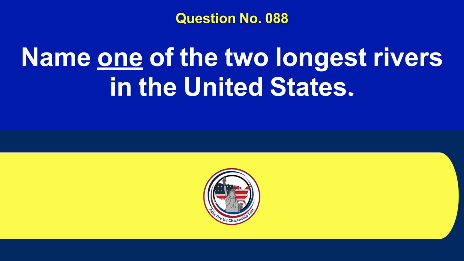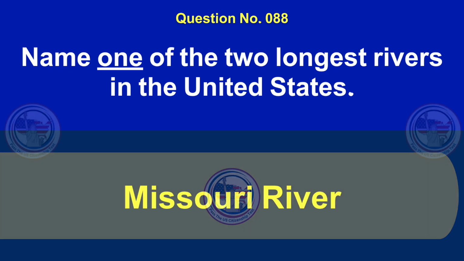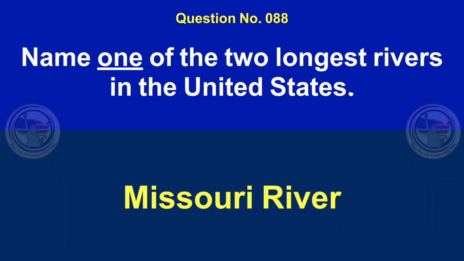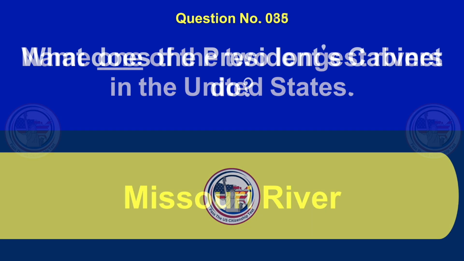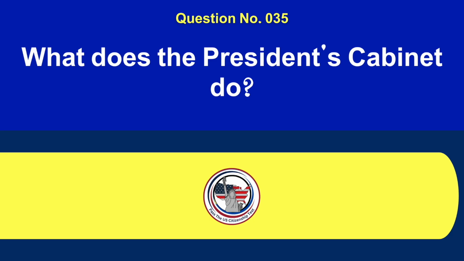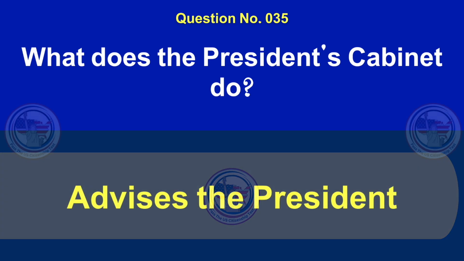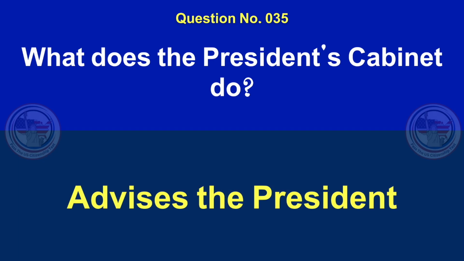Name one of the 2 longest rivers in the United States. Missouri River. What does the President's Cabinet do? Advises the President.